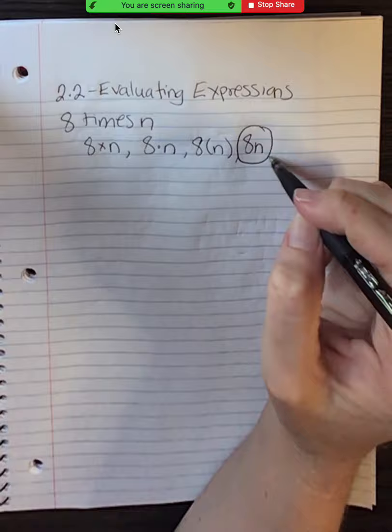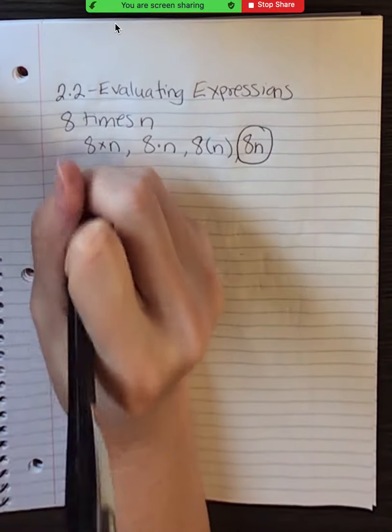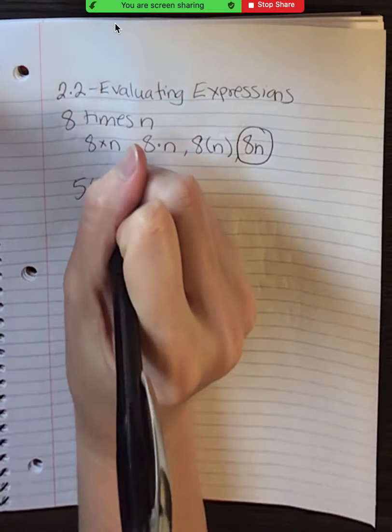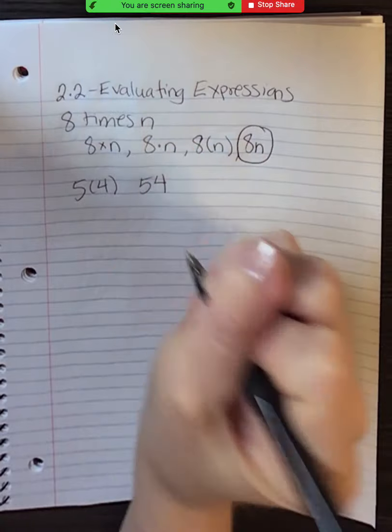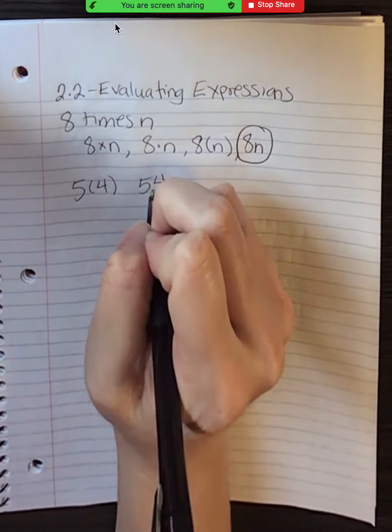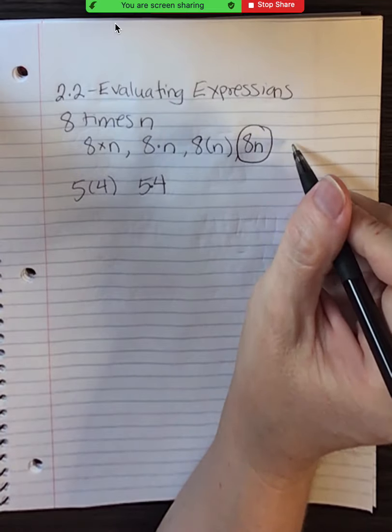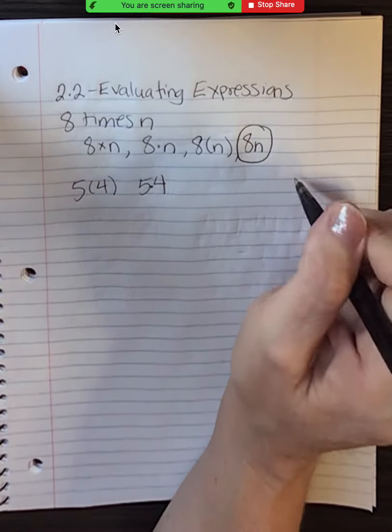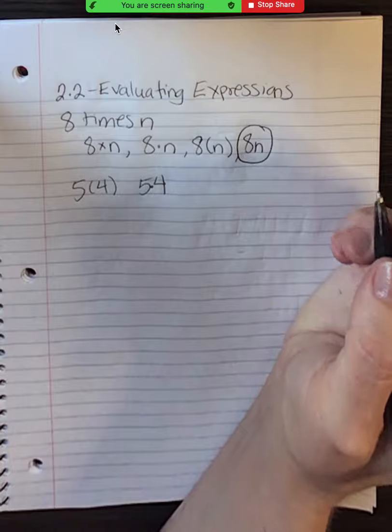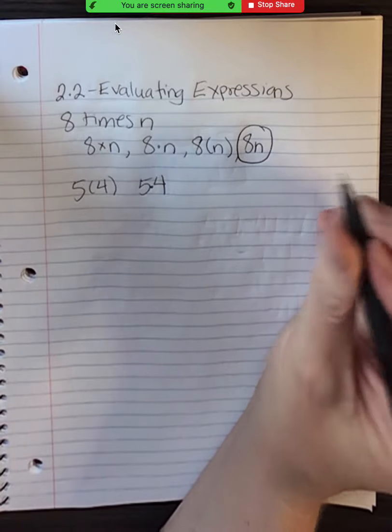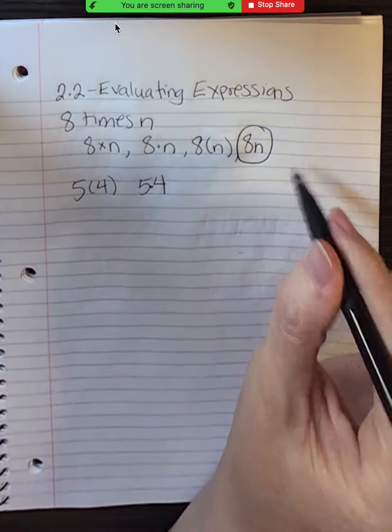We wouldn't do this for 5 times 4, because that looks like 54 if we write it right next to each other. We only generally do it for multiplication with a variable. But these all mean the same thing.